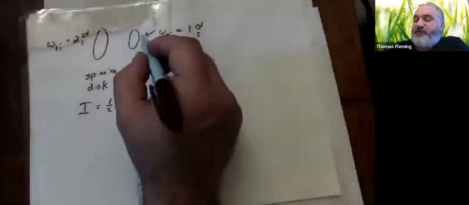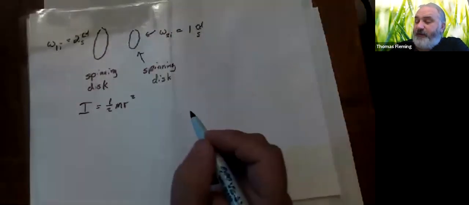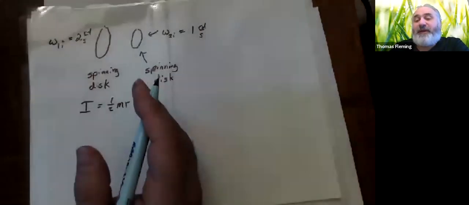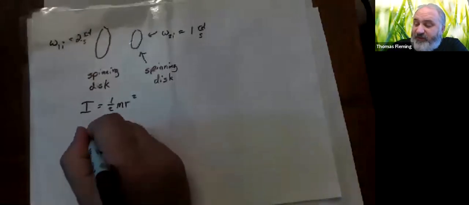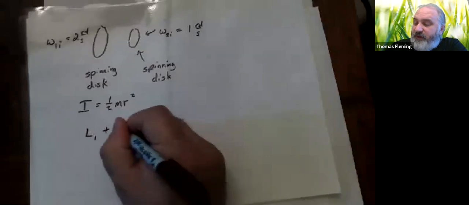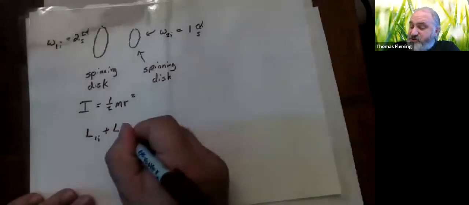So what's going to happen is in a problem like this, if both of these objects are originally spinning, then the total angular momentum that I'm going to get for these two objects prior to the collision is going to be the angular momentum of object 1 plus the angular momentum of object 2. That's how much I started with. And of course, this is going to be my initial, because this is the pre-collision part for both of those.